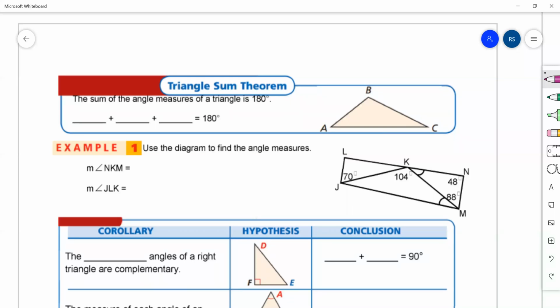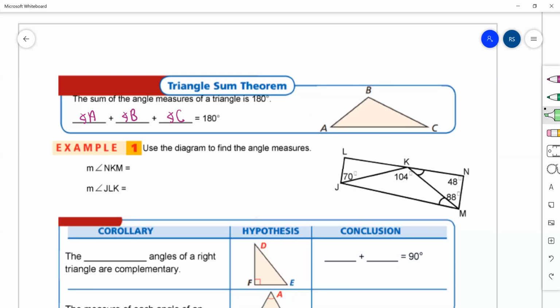So angle A plus angle B plus angle C, all equal to 180. They want us to use this fact to find different angles in our picture.